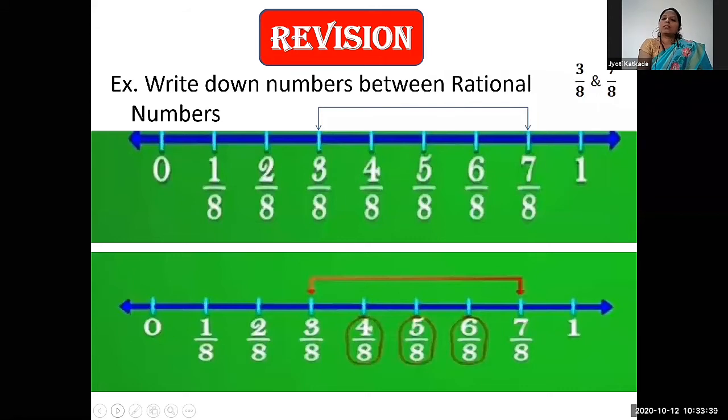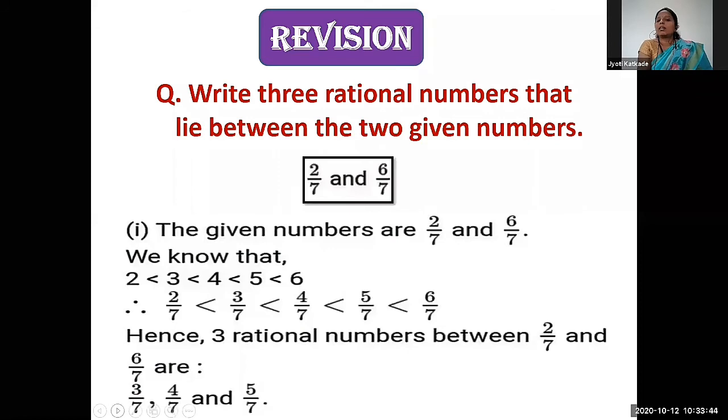Now see the next example, which we studied in the last lesson. Write 3 rational numbers that lie between the 2 given numbers, 2 upon 7 and 6 upon 7. When the denominator is the same, first see the numerator values, 2 and 6.